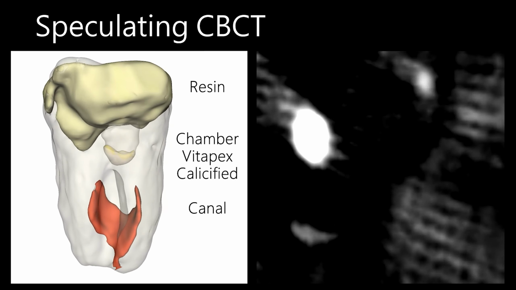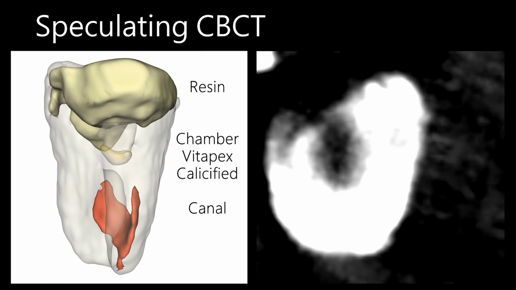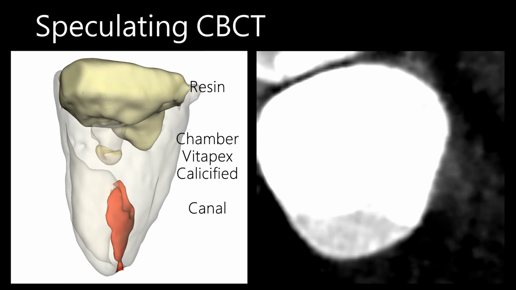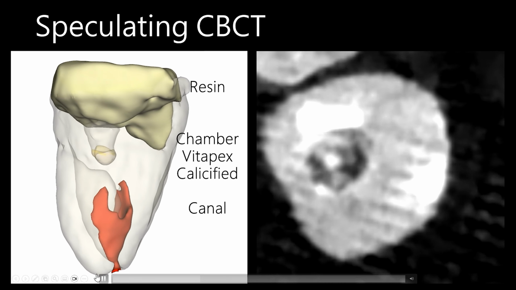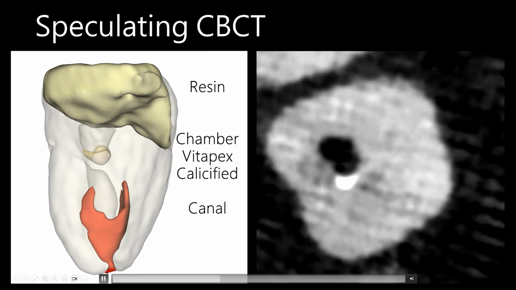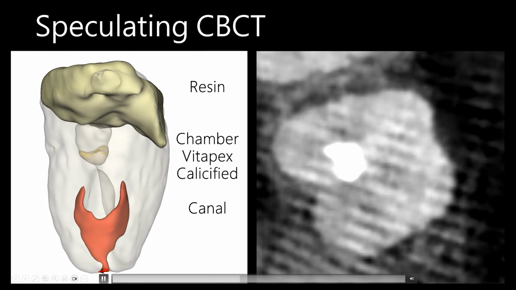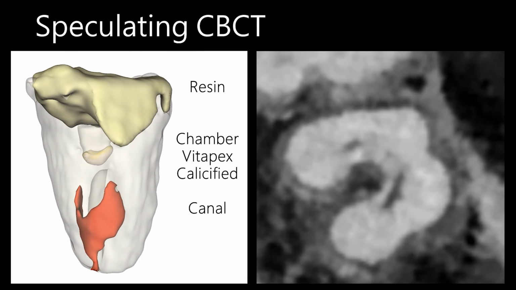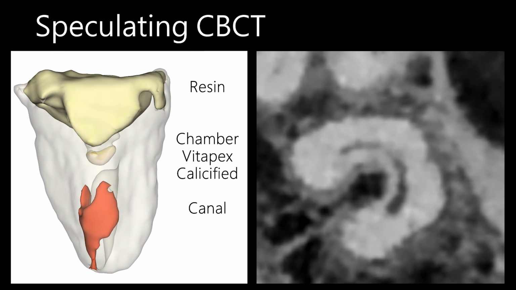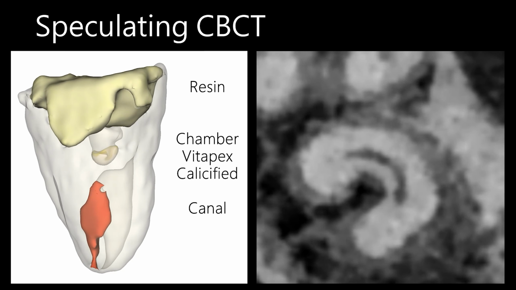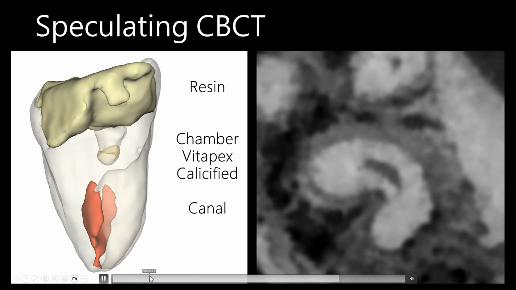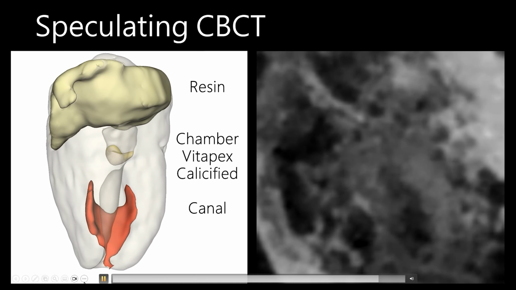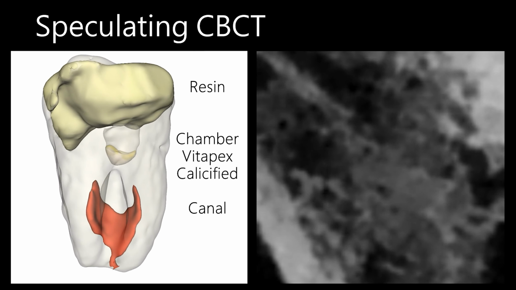And also, we can take a CBCT to find the root canal like this one. But when we look at the CBCT, we speculate. We imagine in our mind, like in this case, there is calcification here. The canal is obliterated and calcified in the middle part, but still has canal at the apical part. So it's difficult.